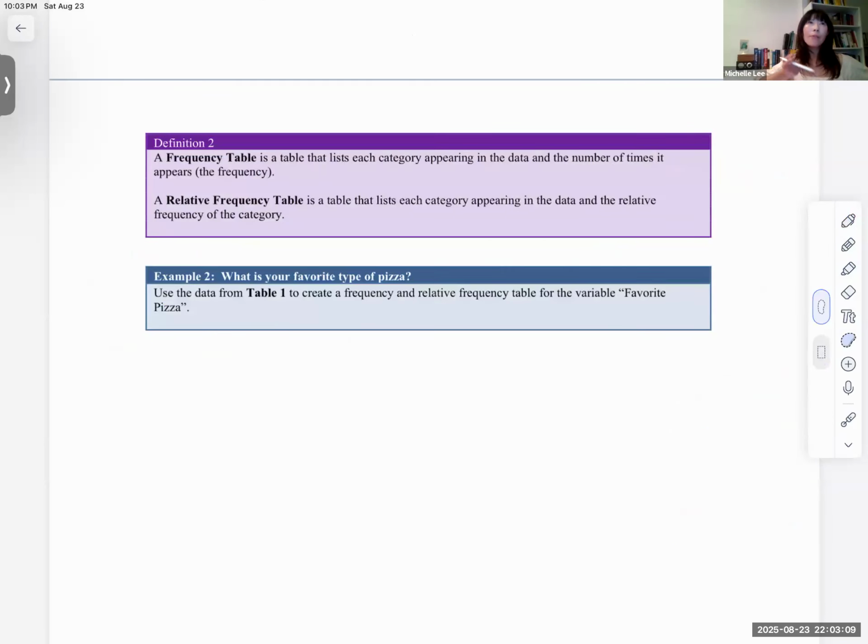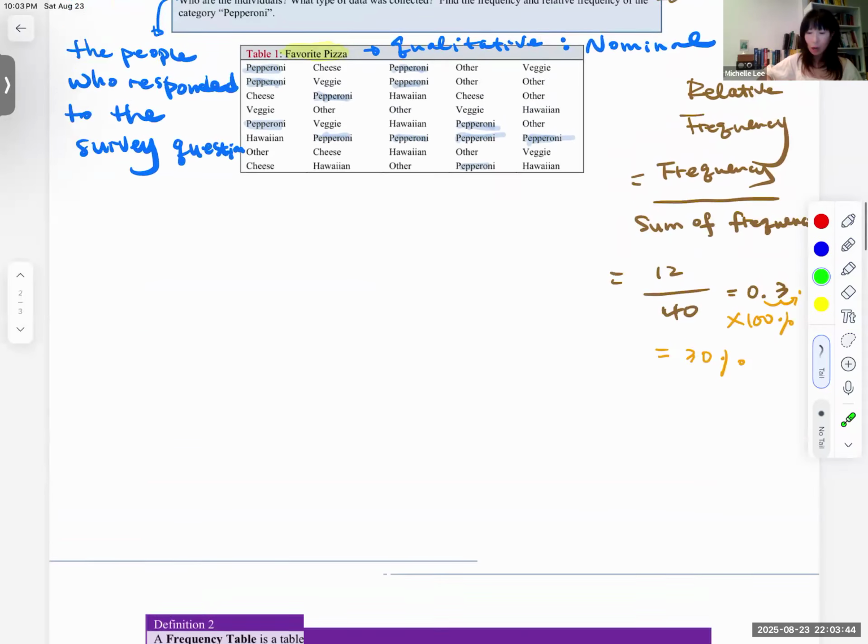Okay, now we have a frequency table and a relative frequency table. So we're going to make a table for frequency and relative frequency, all right? While I create the table, from Table 1, can you please pick your favorite pizza and count how many there are, right?